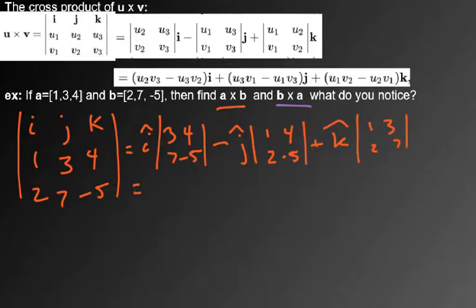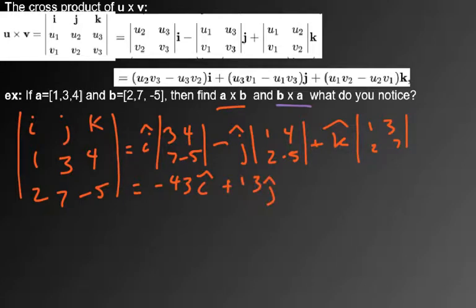And to do the 2 by 2 ones, you just need to multiply the diagonals and subtract. So this multiplication minus this one. So we're going to get negative 43 times i hat. I'm just using a calculator because I'm not good at mental math.